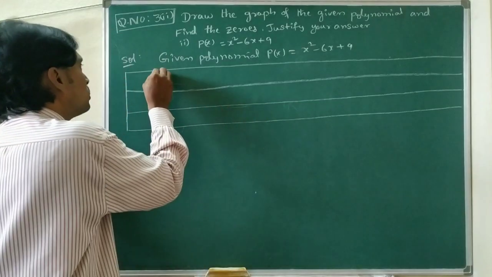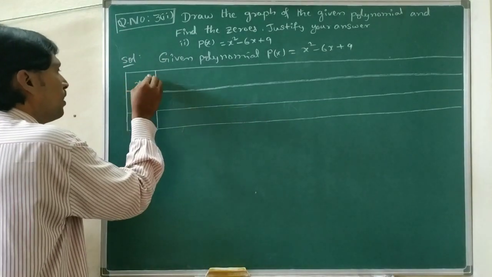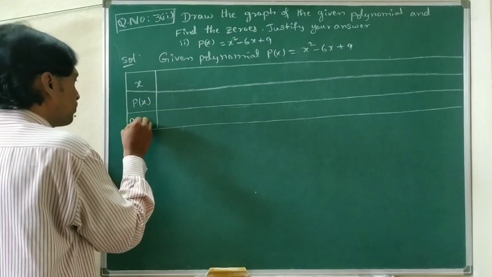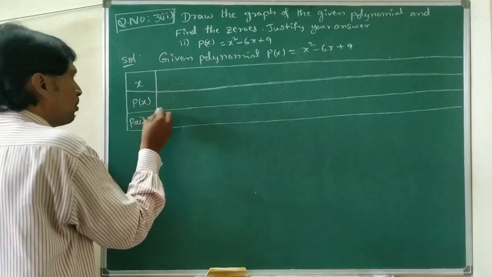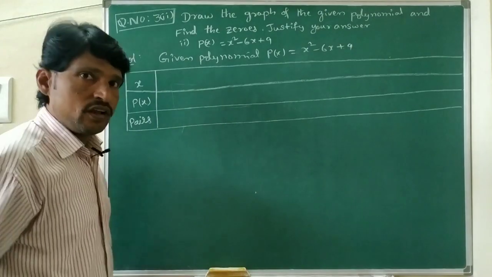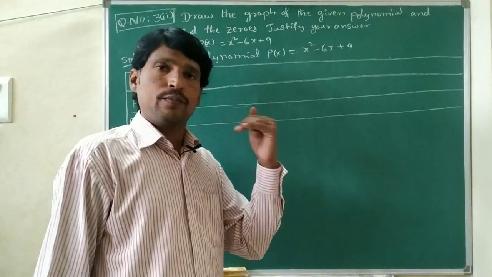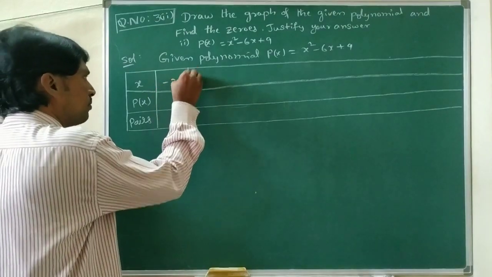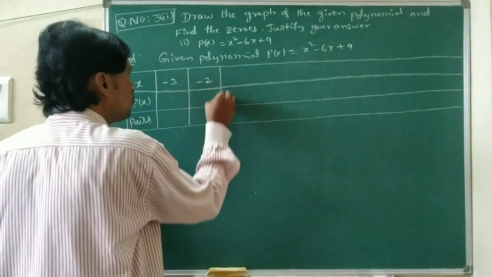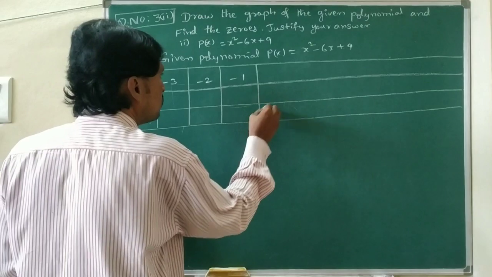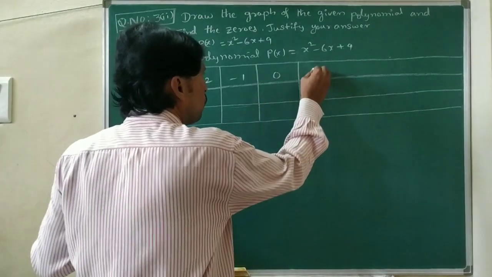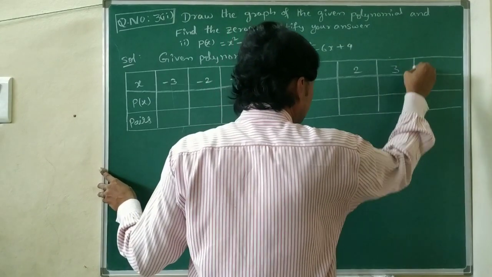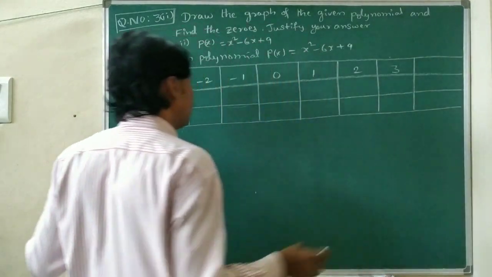So here first x values and then next to it p of x, and pairs. So x values are assumption values. Those values we can take from minus 3 to 3. So minus 3, minus 2, minus 1, 0, 1, 2, 3.